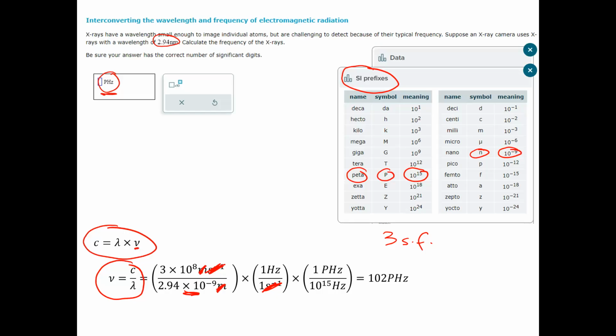But now we need to convert to petahertz, which is where our table of SI prefixes is going to come in. So 1 petahertz is the same as 10 to the 15 hertz. And there we go. Our answer to 3 significant figures is 102 petahertz.